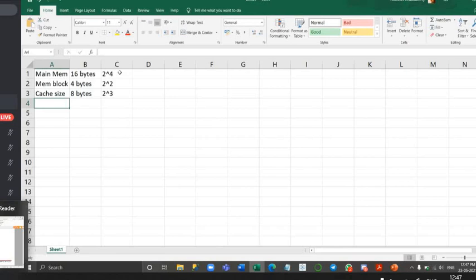From here you can see that first we know mem block size equals cache line size.